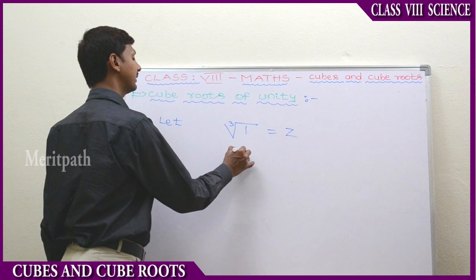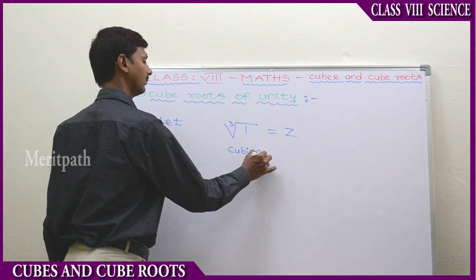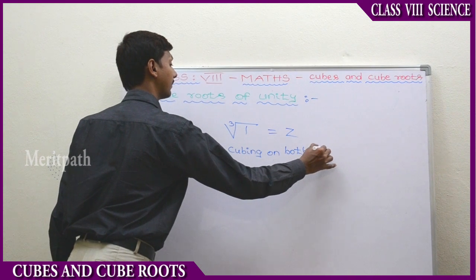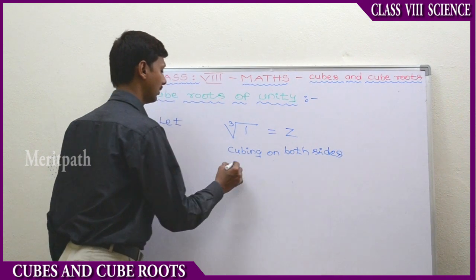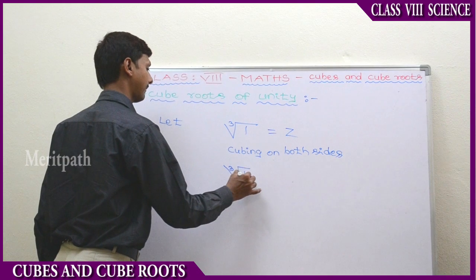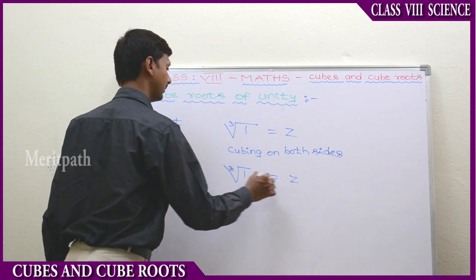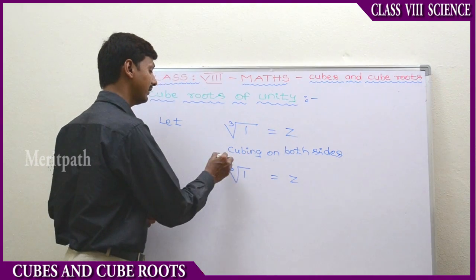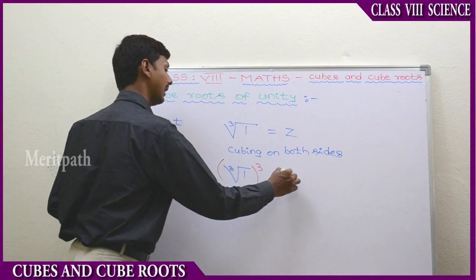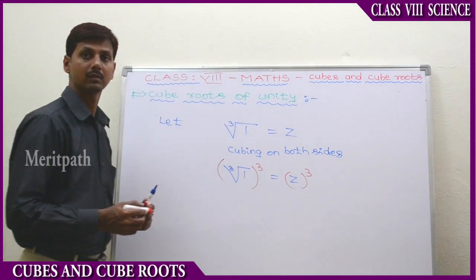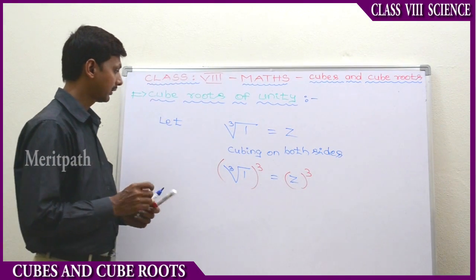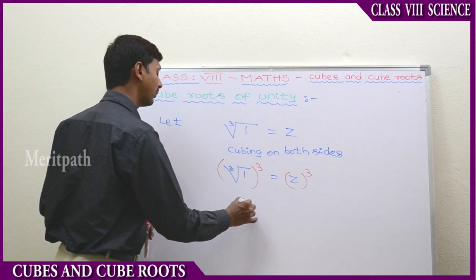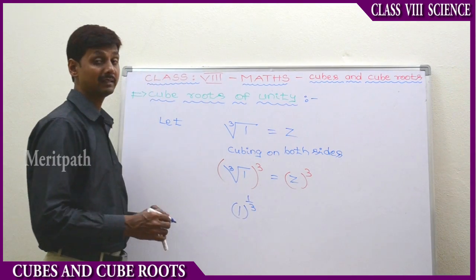Cubing on both sides, we get cube root of 1 whole power 3 equals z cube. So we need to do the cube on both the sides. Cube root of 1 is nothing but 1 power 1 by 3, as exponential notation.